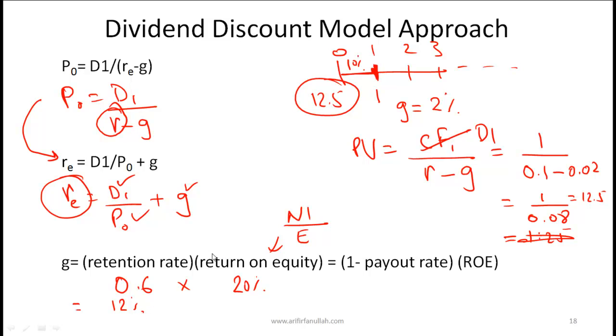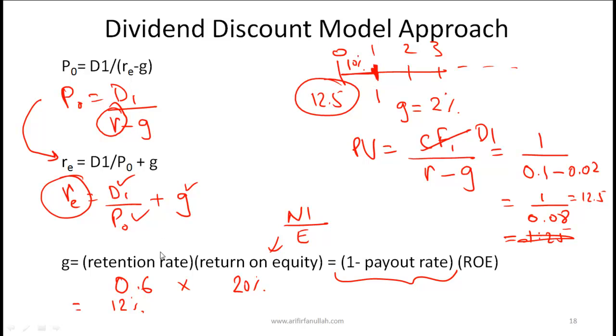So you need to know these formulas. Given a problem where you are shown the payout ratio, a payout ratio is the percentage of earnings that are paid out. So to calculate the retention ratio, you simply do 1 minus payout ratio, and multiply that by ROE. The logic for this formula is straightforward.